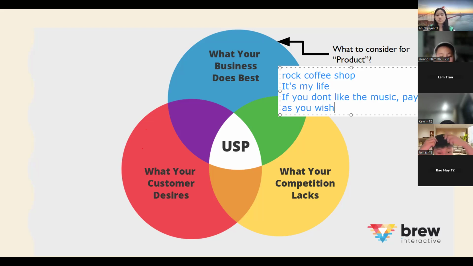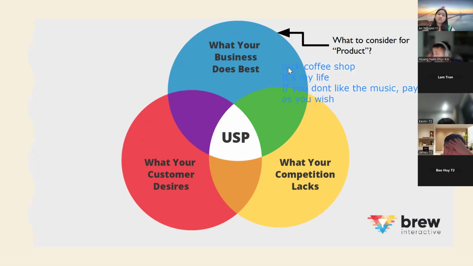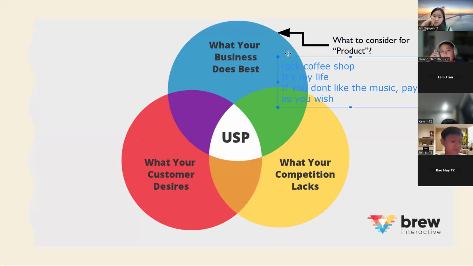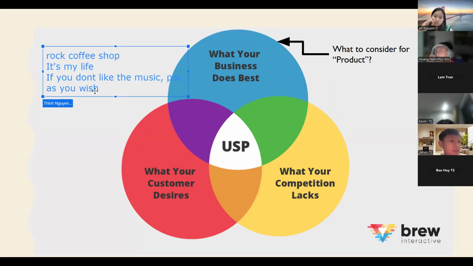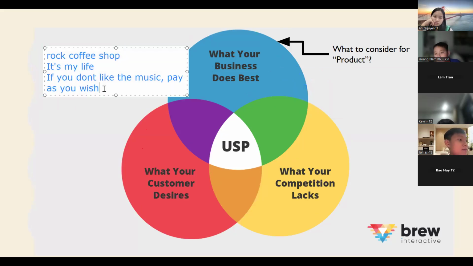They don't have to pay the full price according to my price list. Variety: I will build up different types of rock. Let's say in the morning I play soft rock. In the afternoon I play hard rock. Things like that, so that my product has variety.